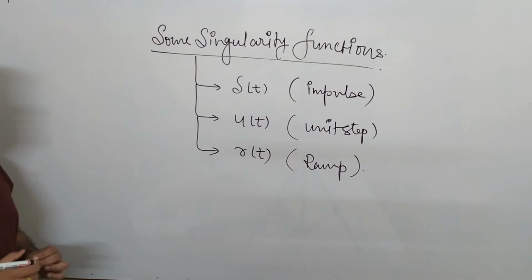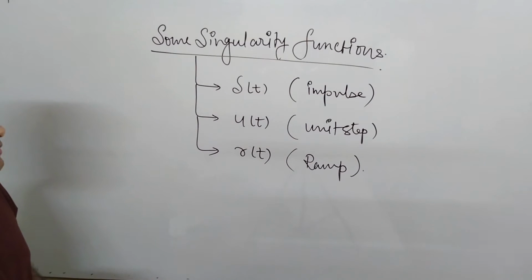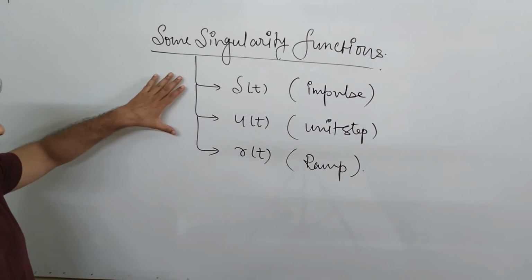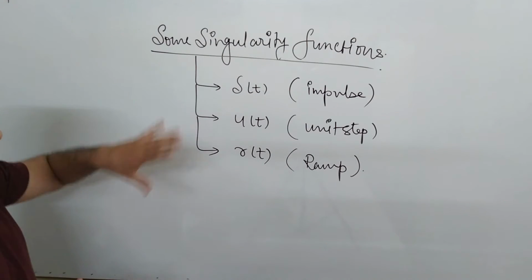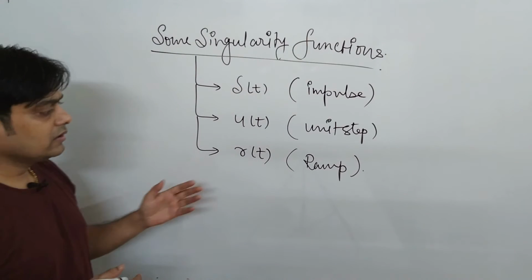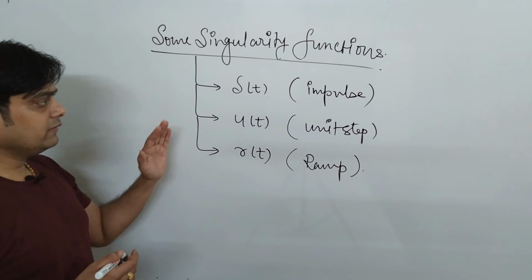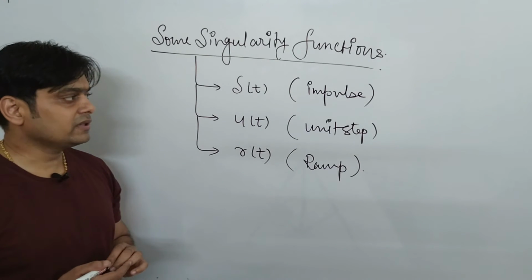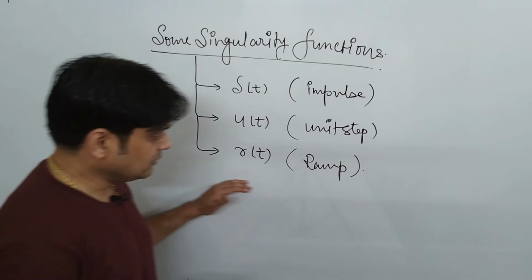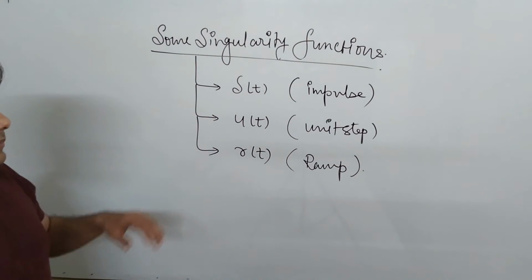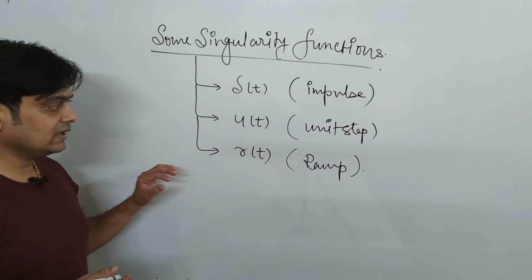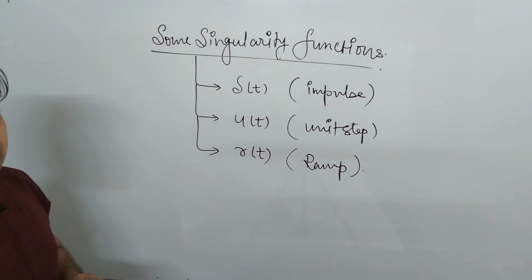Now why are we discussing these functions? Because you will see there is an application of these functions in your initial conditions. So first of all we will go through the basics of these functions, and during our problem solving sessions I will explain more about these signals and how they are applicable while solving different types of problems.